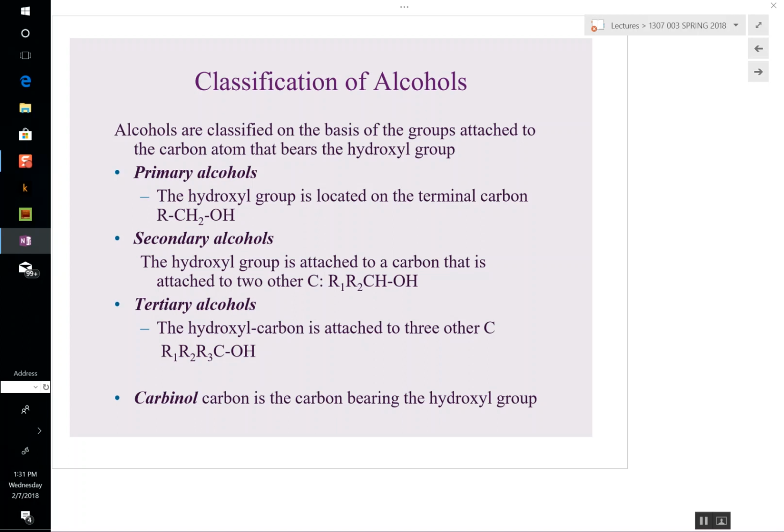And number two, it's very significant because these three different classes of alcohols react differently. They undergo different reactions. So if I say, how does this alcohol oxidize? First thing you've got to do is figure out what classification alcohol it is. All right?